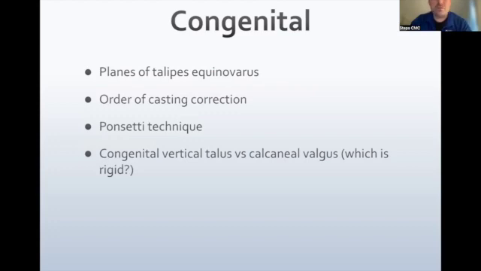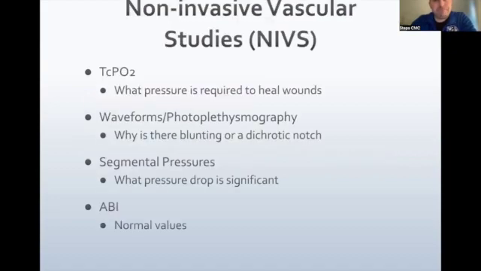That'll help you get through those pediatric cases that maybe you weren't as versed in clinic or on your rotations, but those are obviously the telltale signs whether or not it is a rigid or flexible deformity.